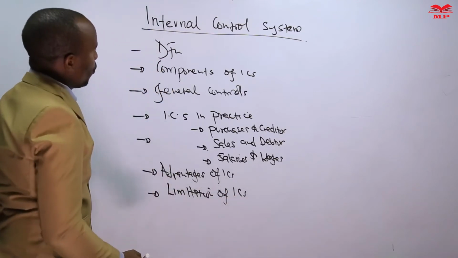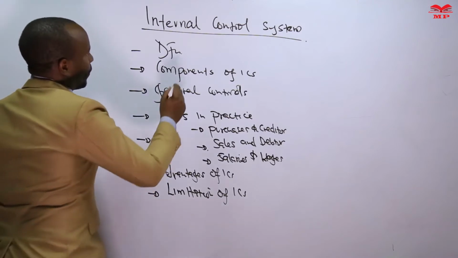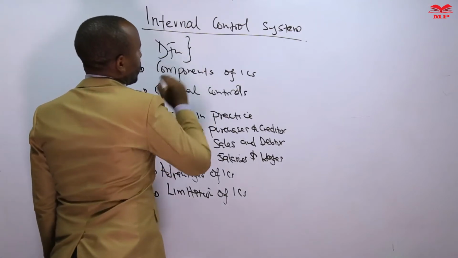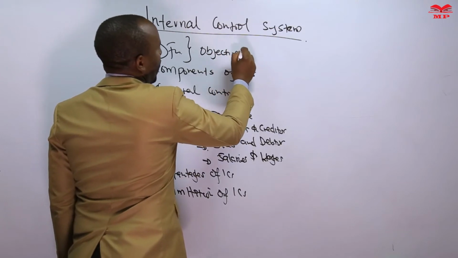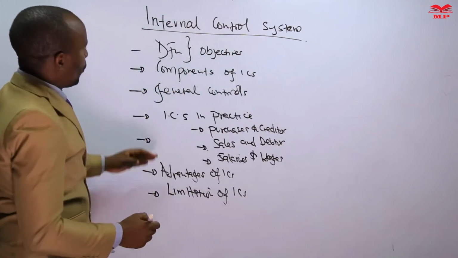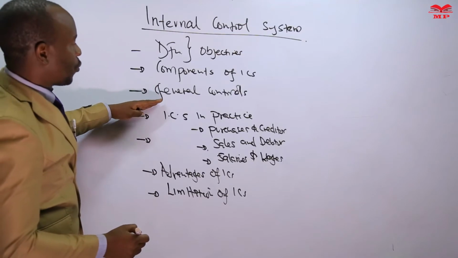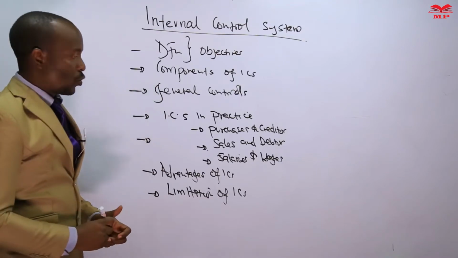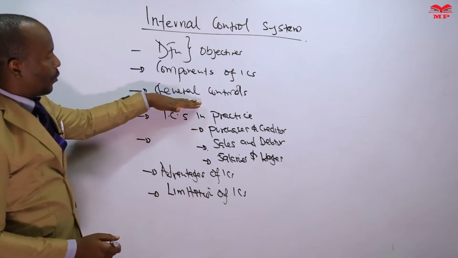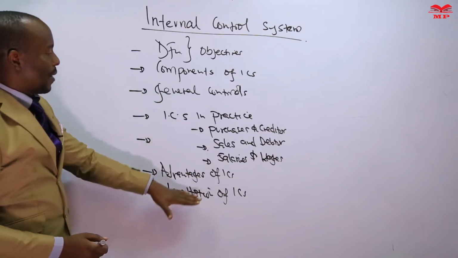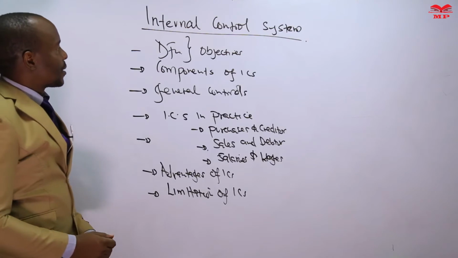So in this lesson, we are going to introduce the definition. Here we'll be having definitions and objectives. We're also going to introduce components and then general controls. The next lesson is going to be looking at the internal control system in practice. Today's lesson will reach the part of general controls, and the other parts will be covered in those other lessons.